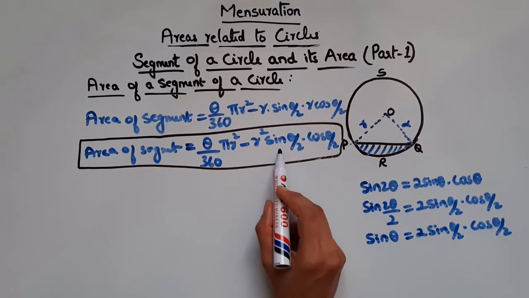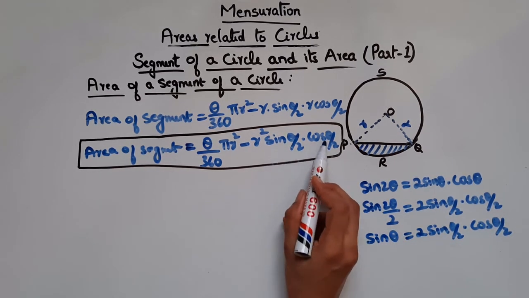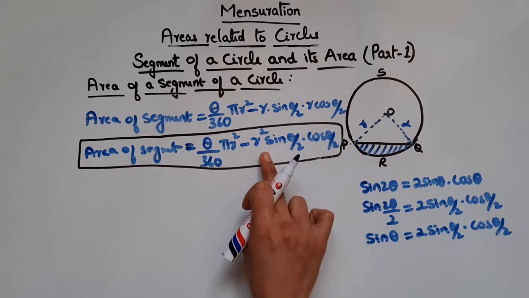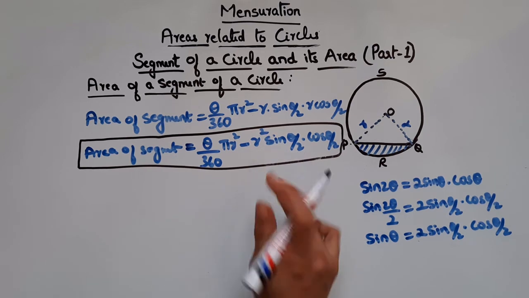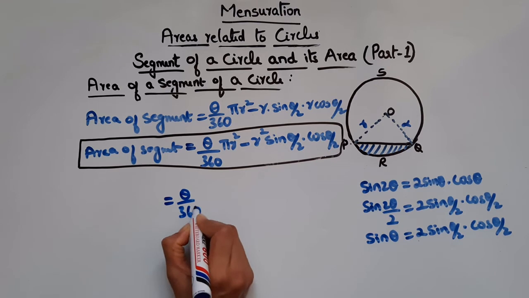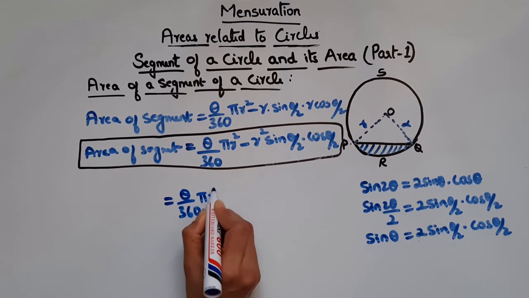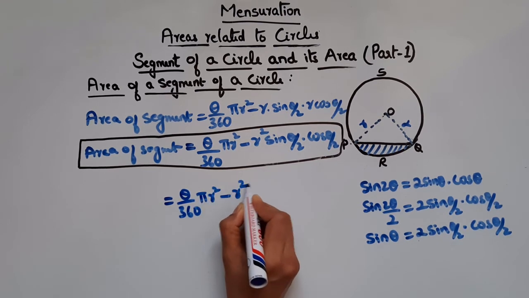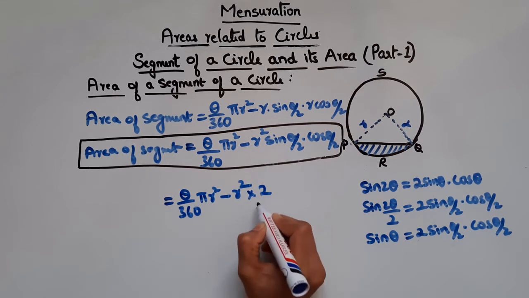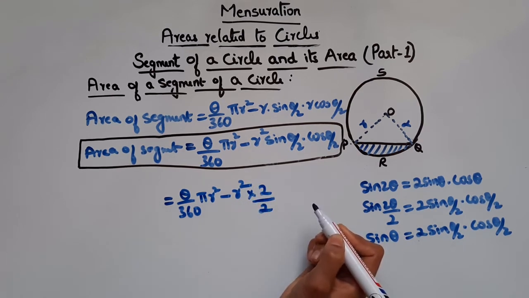So now if you see, here we have sine theta by 2 into cos theta by 2. Here we have 2 sine theta by 2 into cos theta by 2. So how can you replace this by sine theta? You are missing 2 here, right? For that, we can write this as theta by 360 degree into pi r square minus r square. We will multiply by 2. When you multiply, you have to divide by 2 as well, right?